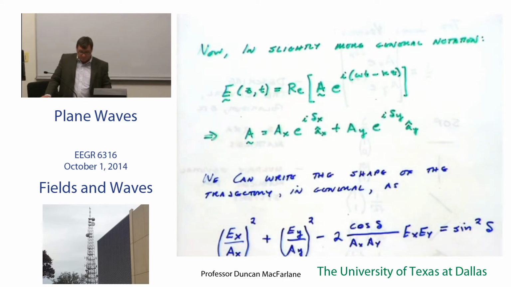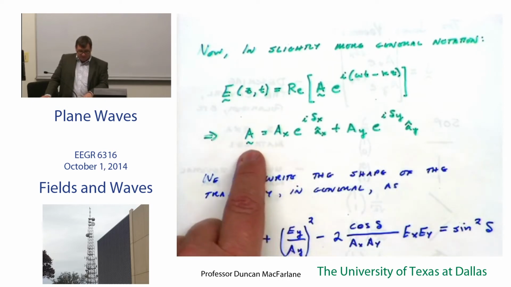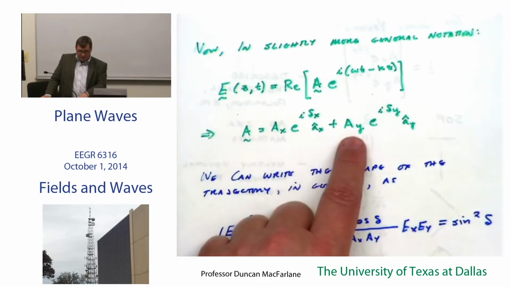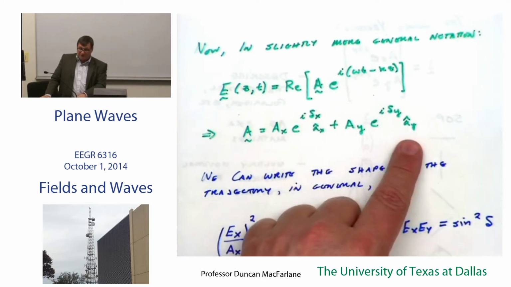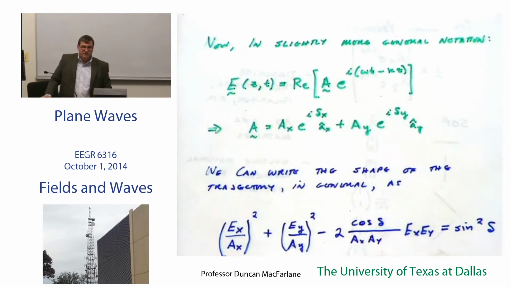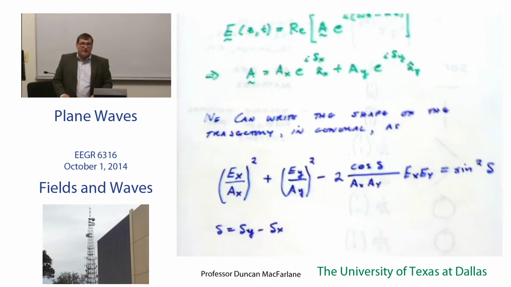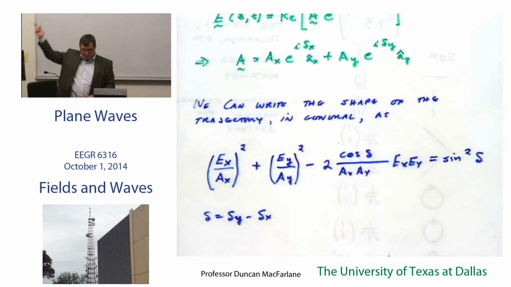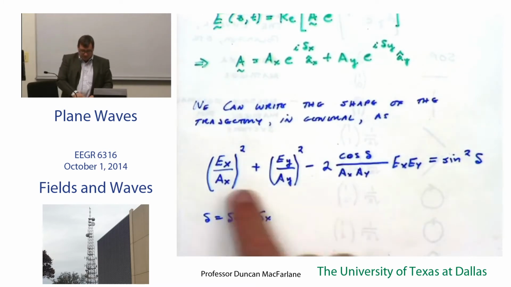And I'll write A as a value Ax and a value Ay, pointing in the x and y directions, and a relative phase shift on both of those. Exactly the same del x and del y. Mercifully, I'll spare you the mathematics and probably won't even assign it for homework. But if I rearrange everything, I can write the shape of this trajectory in general as an ellipse.